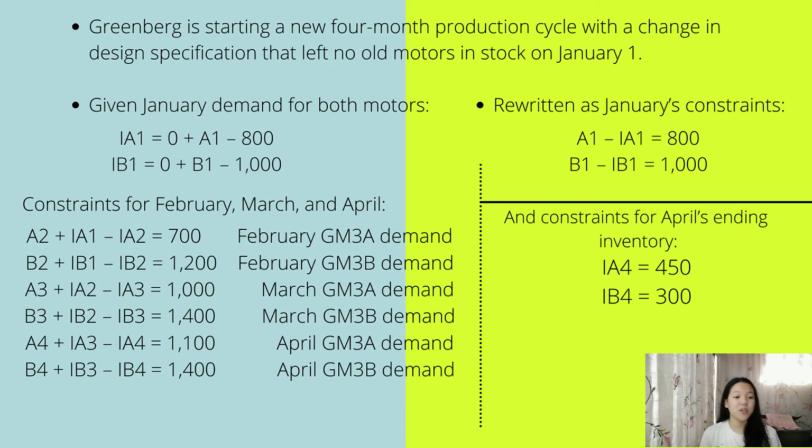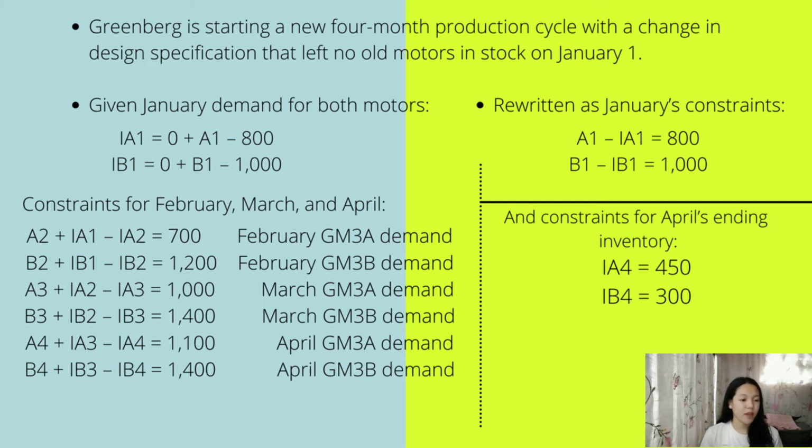Since the demand in January from two different models is 800 and 1,000, we're going to rewrite it as A sub 1 less than the inventory, A sub 1 equals 800, and for the next model, B sub 1 less than the inventory, B sub 1 equals 1,000. Of course, for the succeeding months, we also have constraints, which are given here.